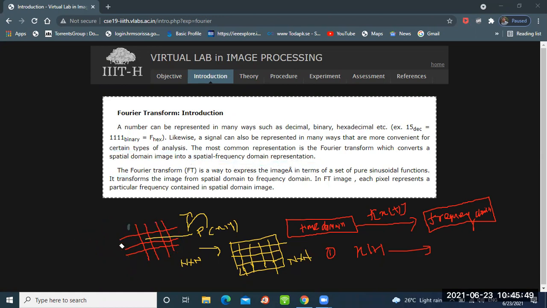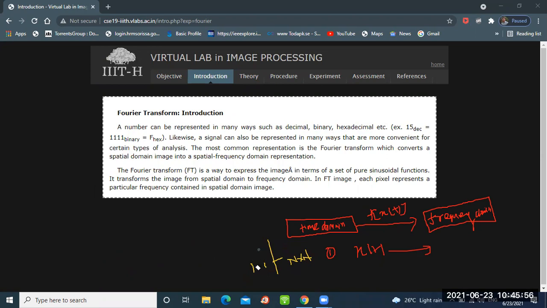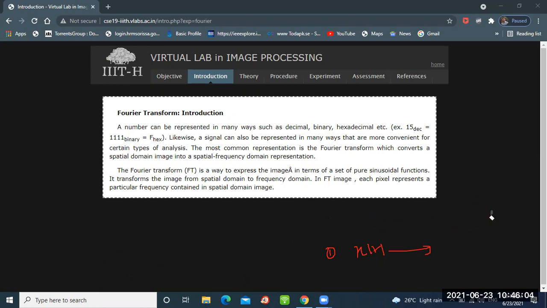Then we perform the Fourier transform of discrete signals because images are basically stored in discrete format. In that case, we say discrete Fourier transformation, which we represent as DFT. DFT stands for discrete Fourier transformation.